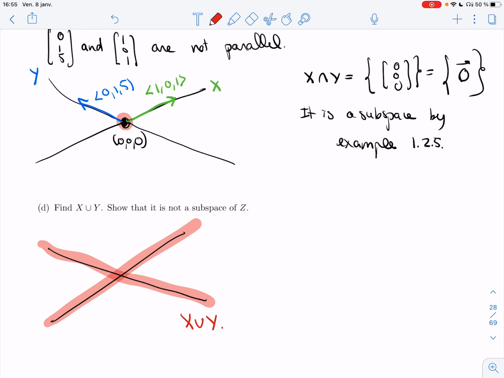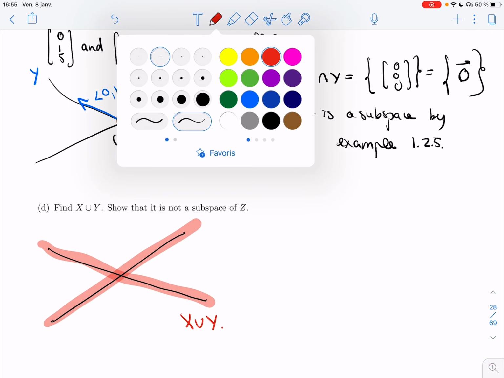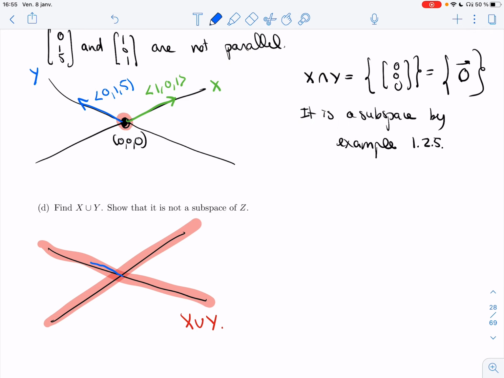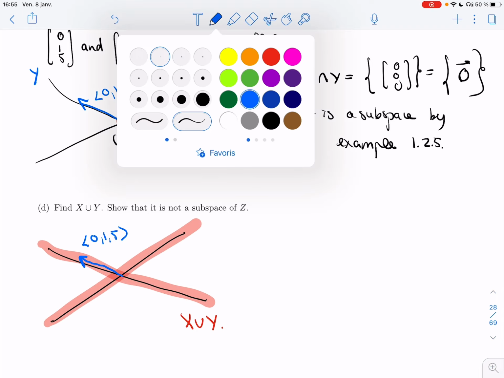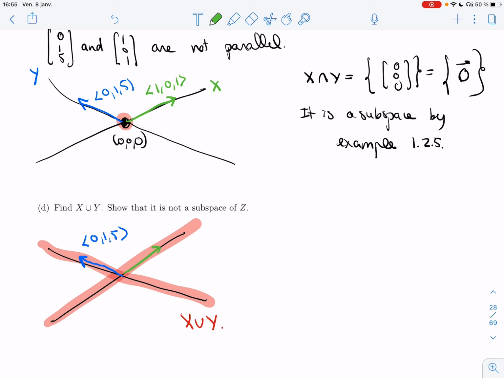All right, so I want to show that this isn't a subspace. This looks a lot like one of the examples we did, and so we'll treat it in the same way. I'm going to take (0, 1, 5) and (1, 0, 1). They're both in the union since one is in x and one is in y. And so here's what we'll do.